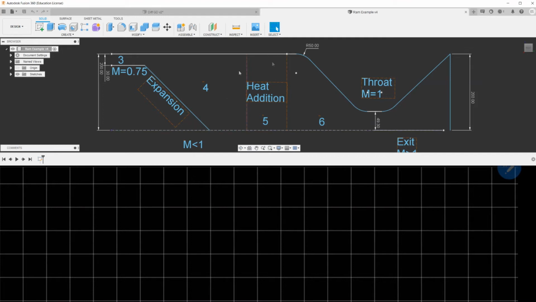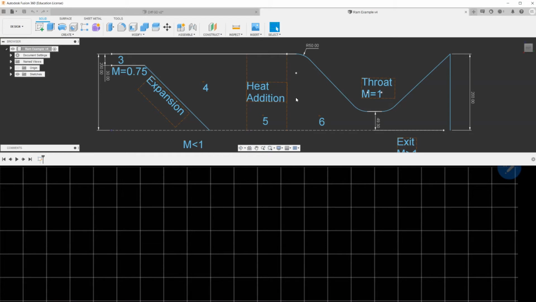In this case, this back pressure is controlled by two factors. Factor one is the level of heat addition, because it allows us to increase the specific volume of the flow. And the second factor is the throat.